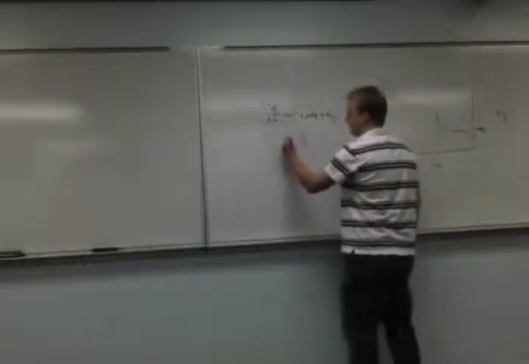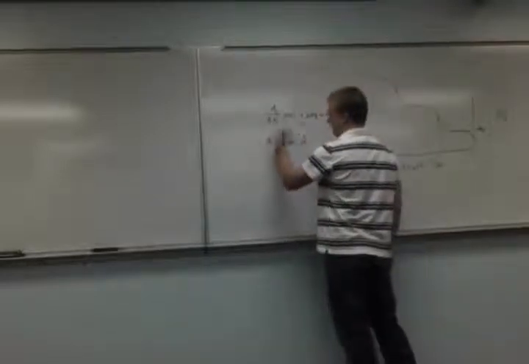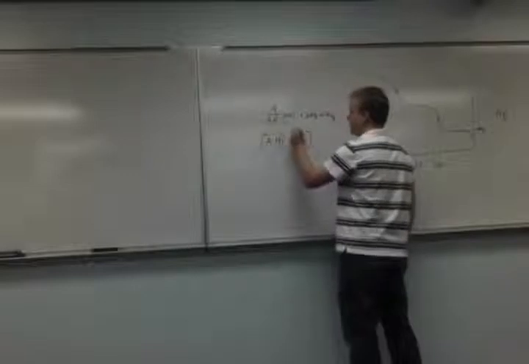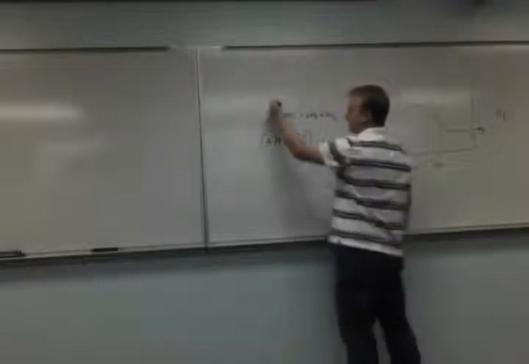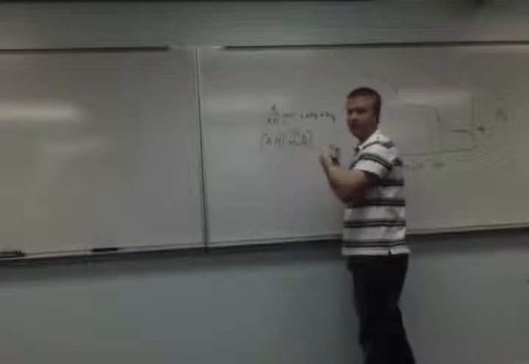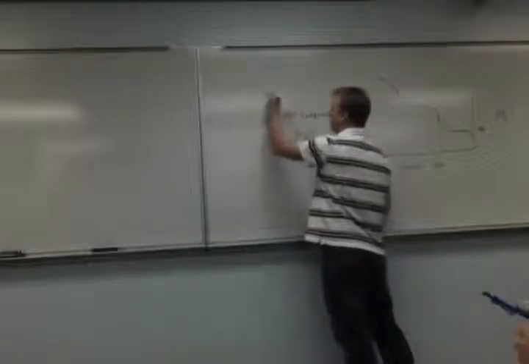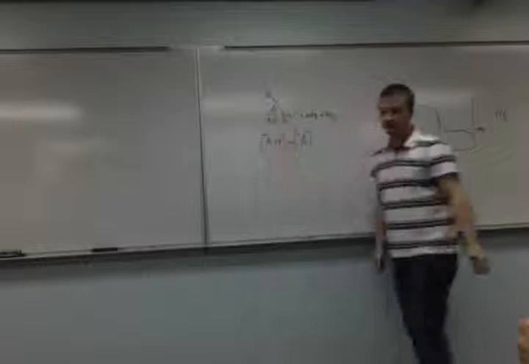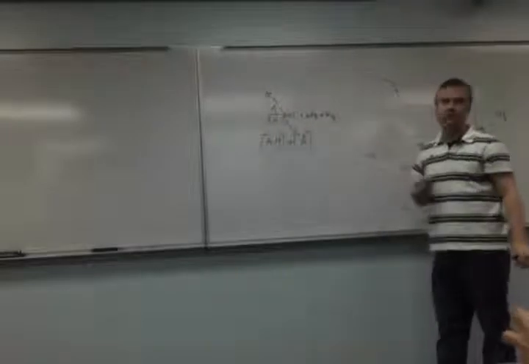So if full deprotonation occurs at the equivalence point, then half deprotonation occurs at half the equivalence point. And so at half the equivalence point, the concentration of A minus is equal to the concentration of HA. And so this ratio becomes 1, no matter what the concentrations are. The log of 1 is 0. pH equals pKa.